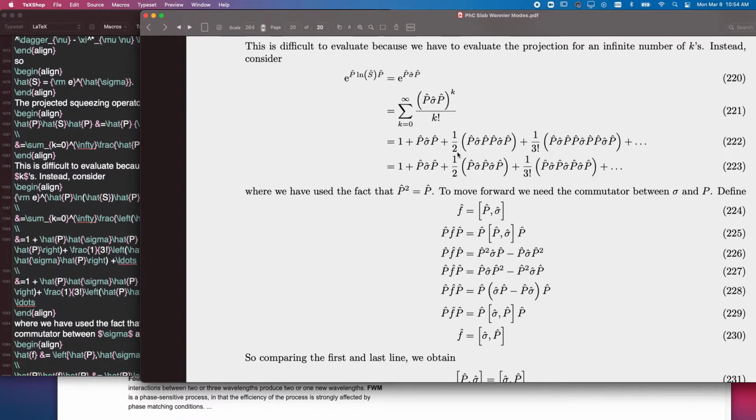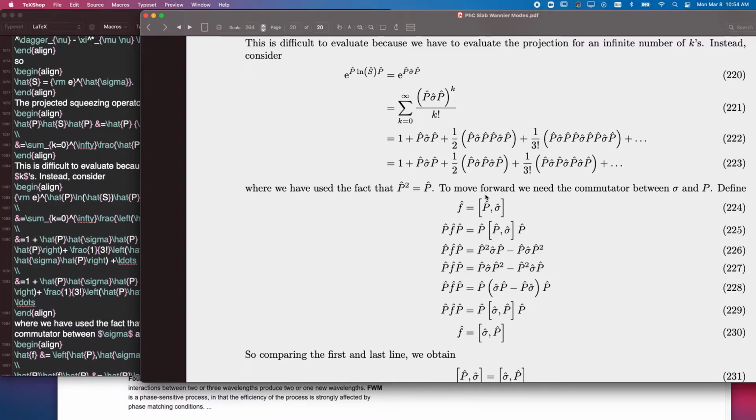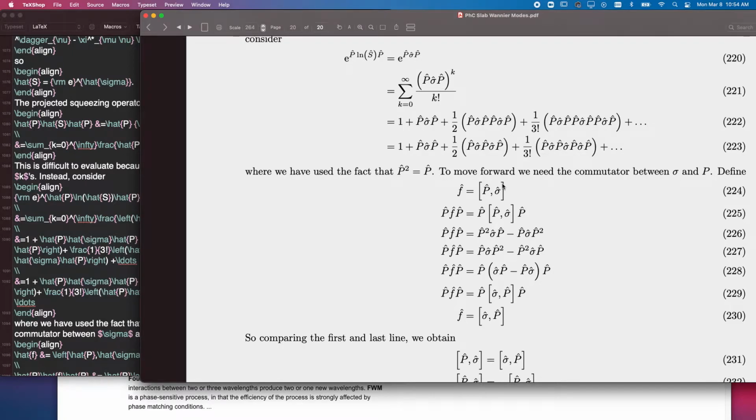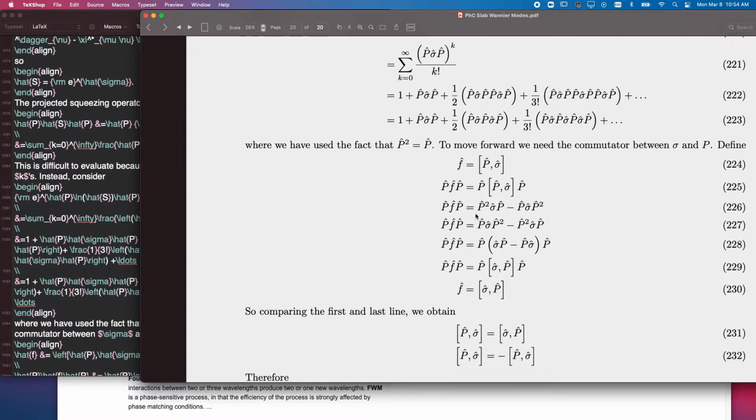So we want to know the commutator. Let's define the commutator as some operator f, right? f is equal to p sigma p. And then we'll project f in this way. We'll sandwich it between two p's. We'll just do the same thing on the right side.